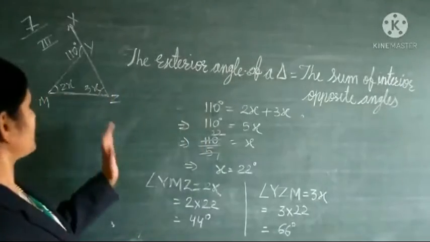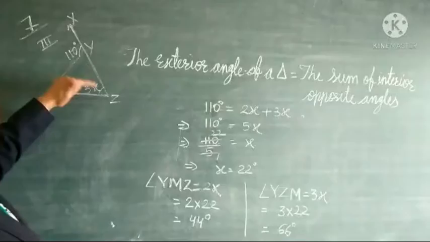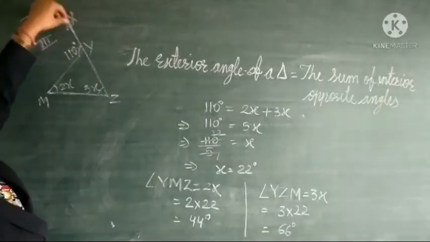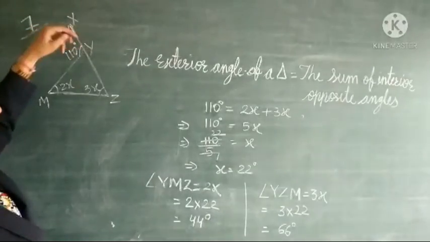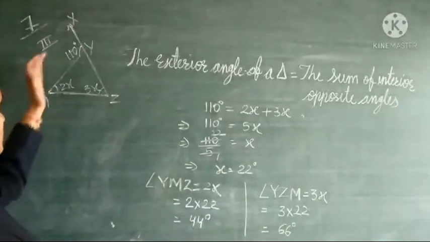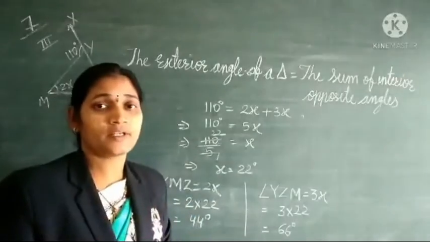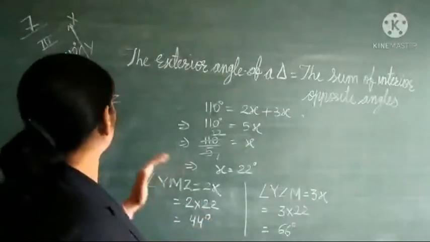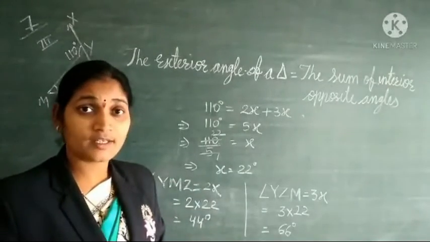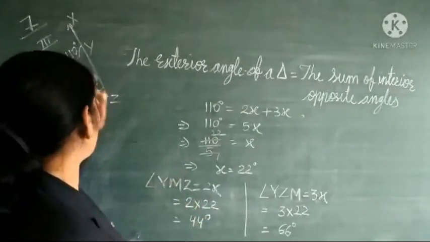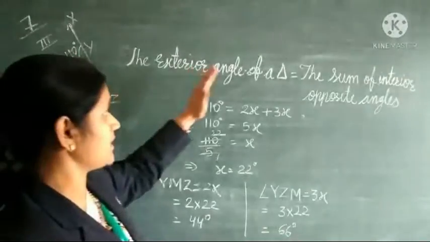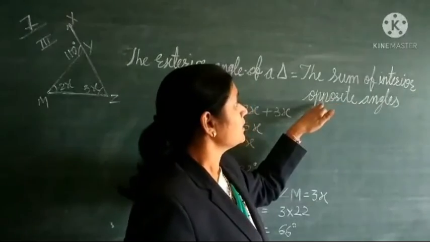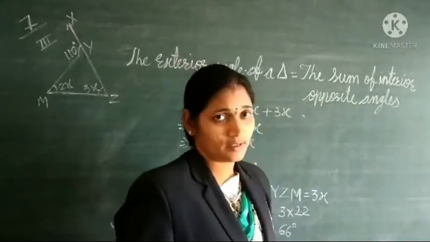Now see here, this triangle is given. Here this triangle's side YZ is extended up to X. So it forms one exterior angle of 110 degrees. As we know, students, in a triangle, if one side is extended, then an exterior angle is formed, and that exterior angle of the triangle is equal to the sum of the interior opposite angles.